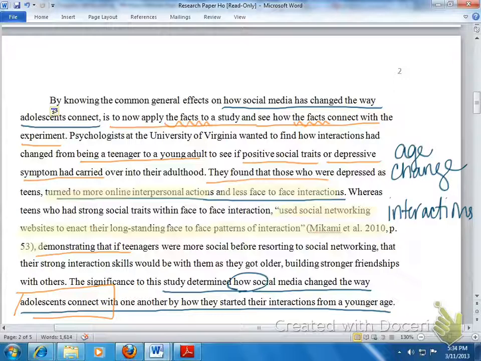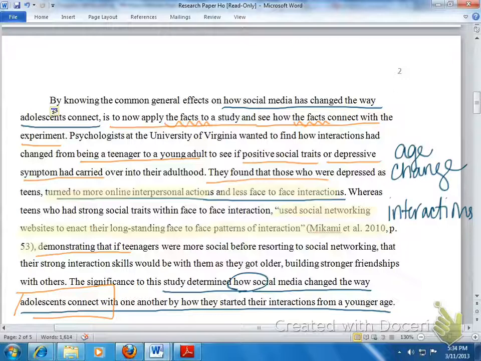I'd want to hear a little bit more about the A plus B equals C to understand that connection that's being made. So right now this only has one piece of evidence, notice that too. Generally when the paper is more appropriately complex, it has multiple pieces of evidence kind of in conversation with each other, sometimes within a paragraph, sometimes across paragraphs. But right now this is just focused on a study.